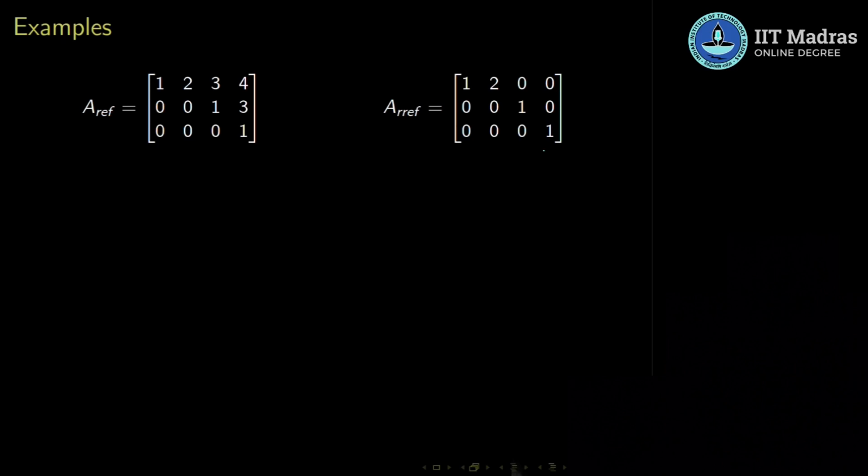But this has a further property that not only is it in row echelon form, it is in reduced row echelon form, because now these entries over here are indeed zeros, and that is the requirement for reduced row echelon form. Okay. So the first matrix is in row echelon form, but it is not in reduced row echelon form.